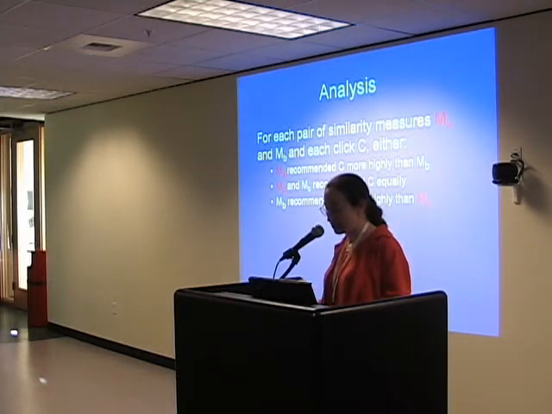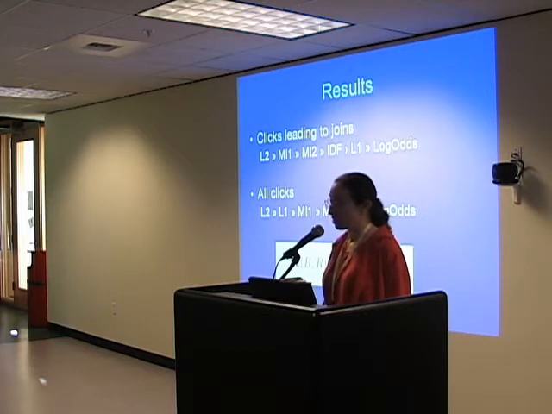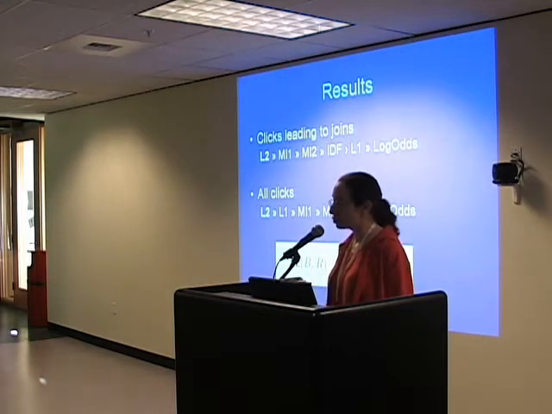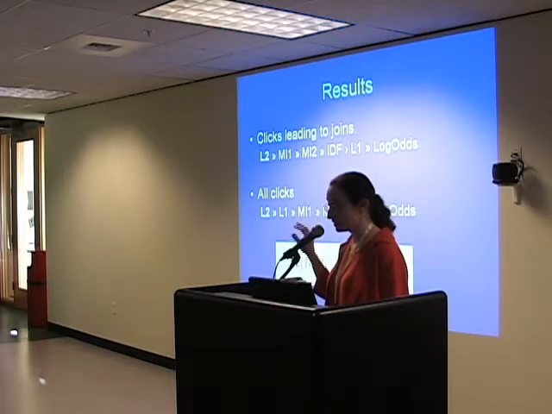And doing that, we actually got a total order on our results. So of clicks leading to joins, L2 gave the best results. L1 was next to worst. And all of these were statistically significant except for the single arrow, as opposed to the double arrows.